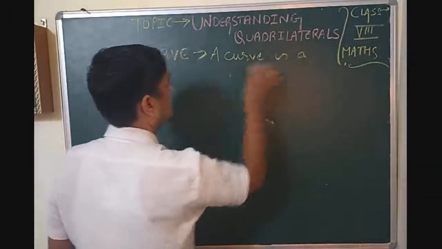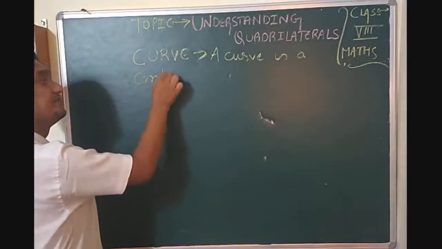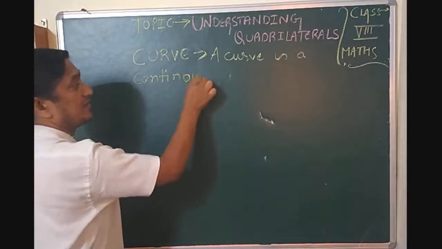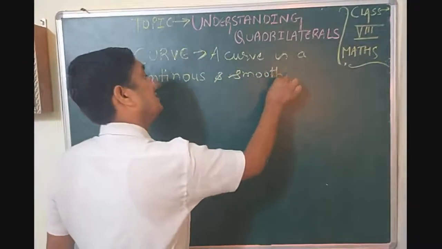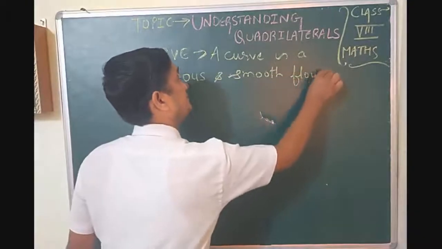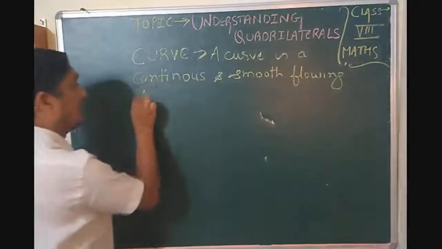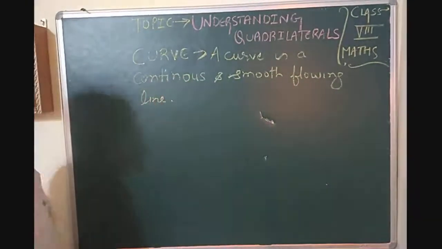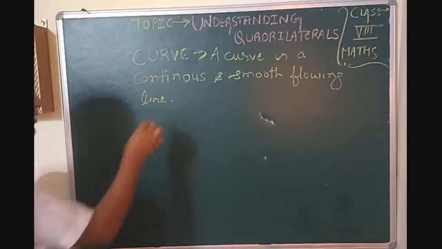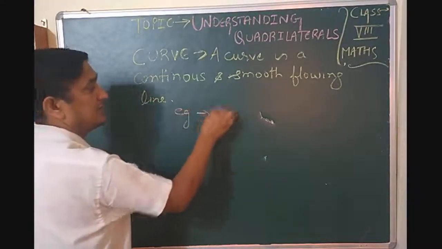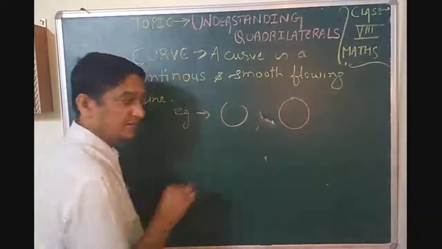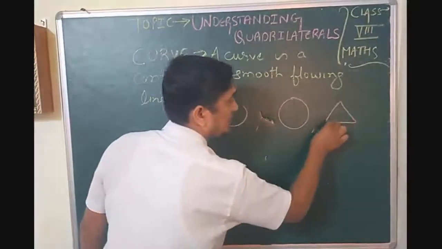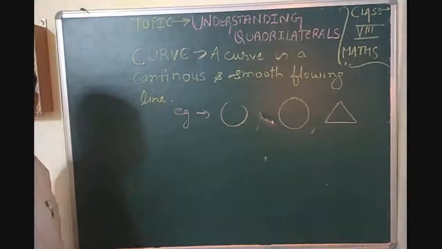A continuous and smooth flowing line is called a curve. Children, for example, you may draw like this. This is a curve. This is a curve. This is also a curve.